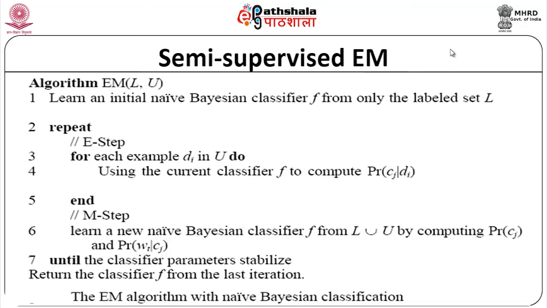So, this is the EM algorithm. You learn an initial naive Bayesian classifier F from only the labeled set. Then for each example D in the unlabeled set, use the current classifier F to compute the probability, and then learn a new naive Bayes classifier with the samples from the unlabeled data also, until the classifier parameters stabilize.